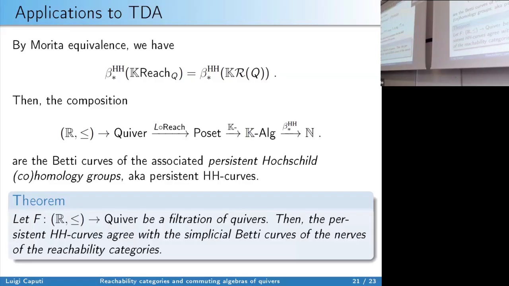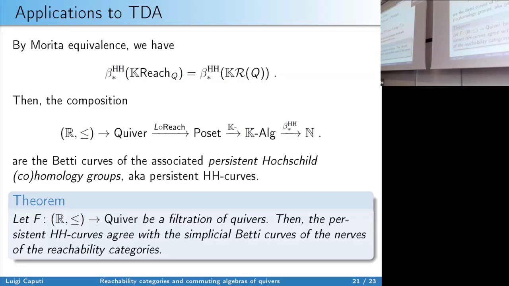They agree with the simplicial Betti numbers of the nerves of the reachability categories. So from one side it is related to what happens in usual classical persistent homology, but from the other side it is quite different. And this is ongoing work with Henry and with Nicolas Meadows, where we are showing the difference between applying Hochschild homology or simplicial homology on some concrete, real data.